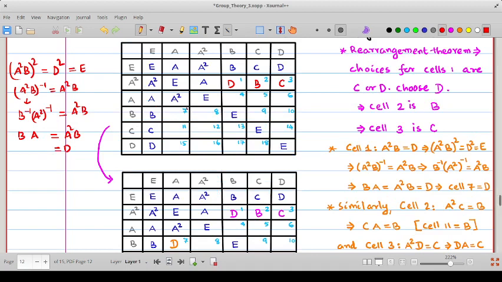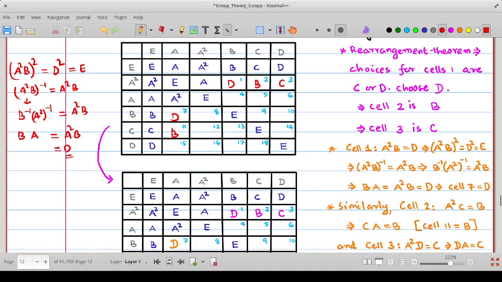Now look at this cell in the multiplication table, cell number 7, which has row label B and column label A. So this cell is B times A, and that is equal to D. So this should be equal to D. Now we can proceed in a similar fashion with cell number 2, which says that A square C is equal to B, and we can do a similar calculation and show that CA is equal to B, and I have explained that here in these notes.